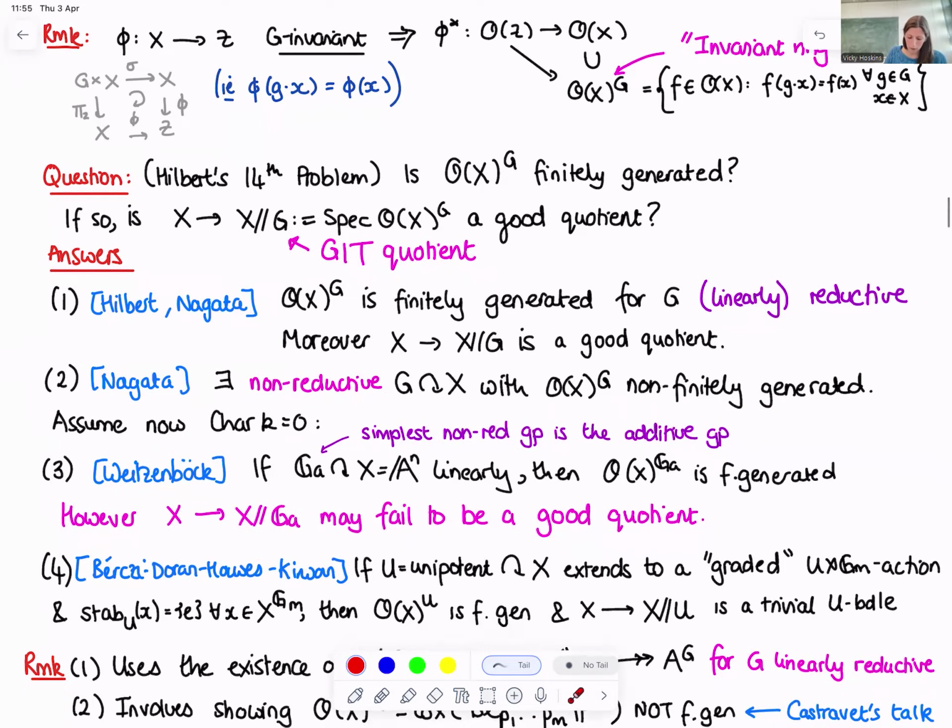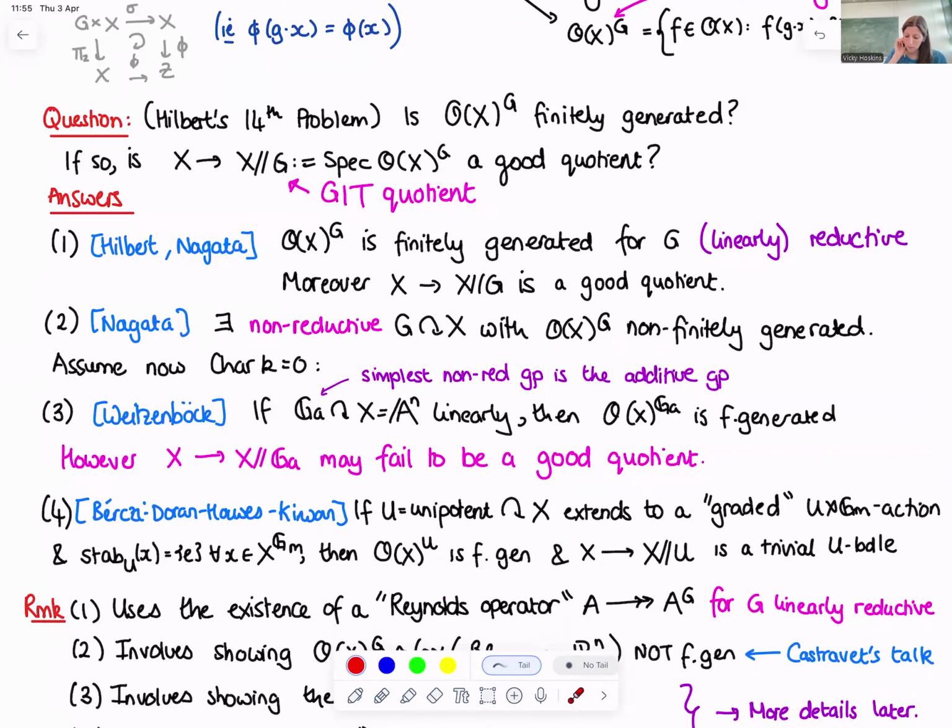But if we assume that K has characteristic 0, then firstly, there's an old result of Weitzenböck, which proves that if you've got an additive group, so this is just K with addition, acting on an affine space, and the action is linear, i.e. via a representation of G_a to GL_n, then the invariant ring is actually finitely generated, which sounds great.